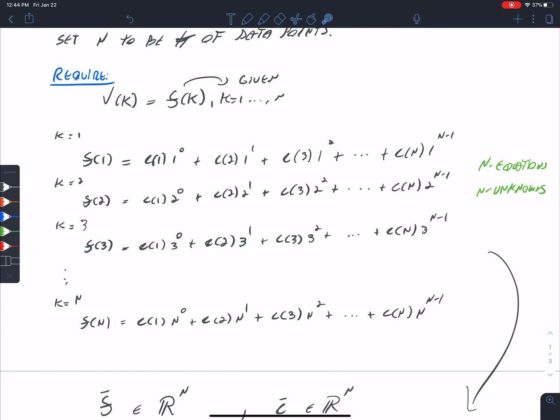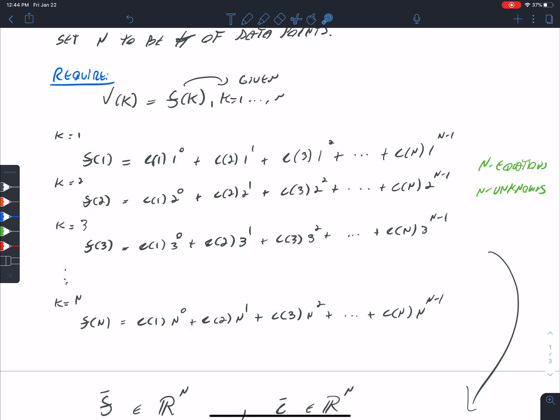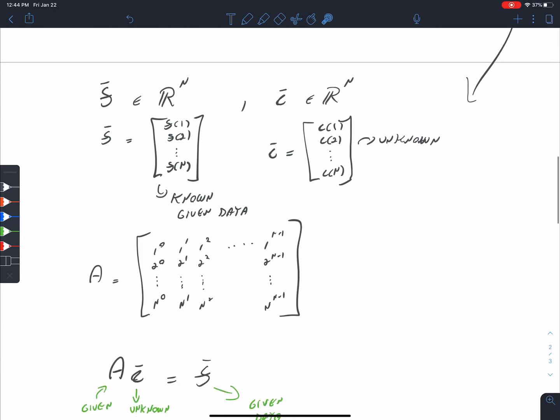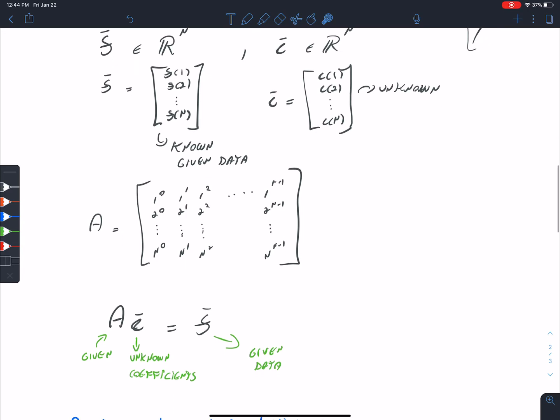We saw that if we did this, then we can write this entire system of n equations and n unknowns as our old linear system that we learned about in the previous videos, where we have the matrix of coefficients A, C is a vector of unknown coefficients, and F is a vector for our data.